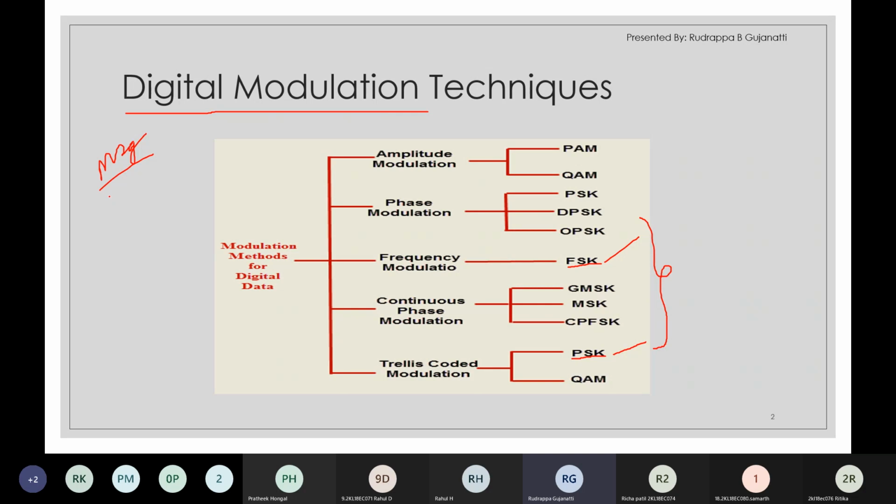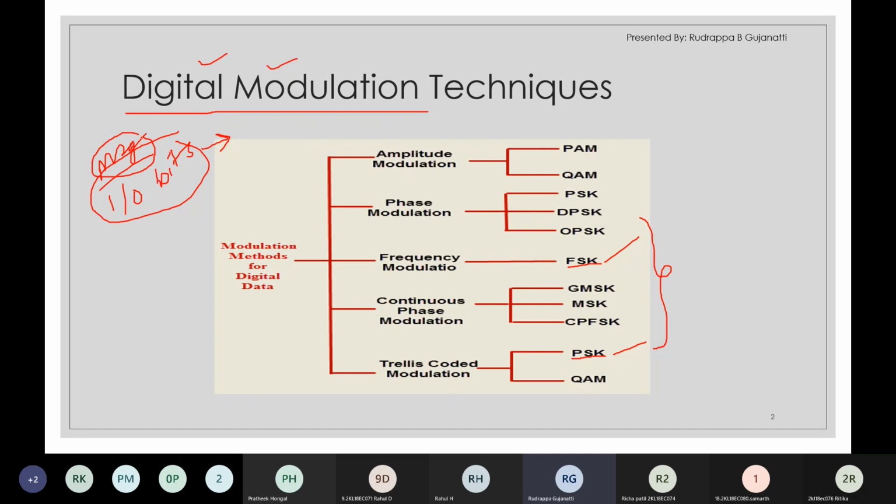If the information is in the form of ones and zeros, that is, bits, and using these bits you perform the modulation, then that modulation is classified as digital modulation. If the message signal is analog and you use that analog information to do the modulation, then we classify that modulation as analog modulation.